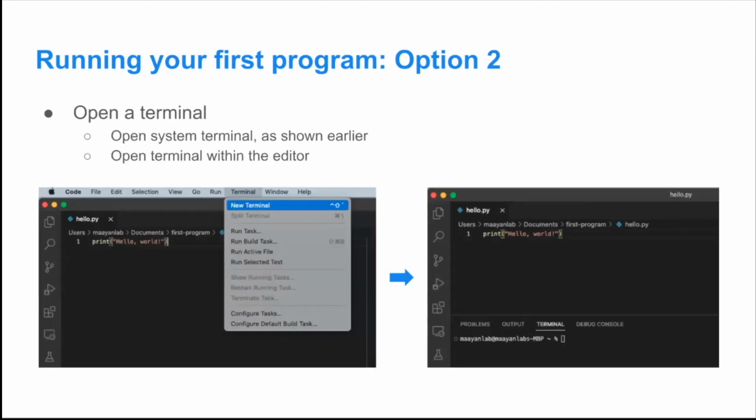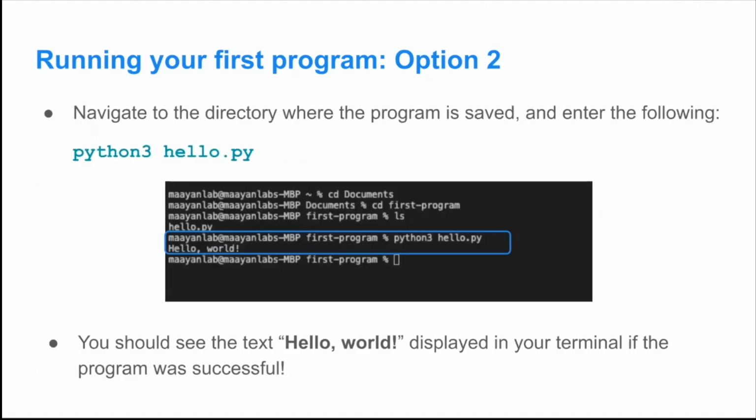The second option is that you can open a terminal. You can open a system terminal, as Giacomo showed earlier, or you can also open a terminal within the editor occasionally. Here I'm showing how to open a new terminal within your VS Code window, and you'll see it pops up on the bottom there. If you choose this option, you can use the handy dandy Linux commands you learned earlier and navigate to the directory where you just saved your program.